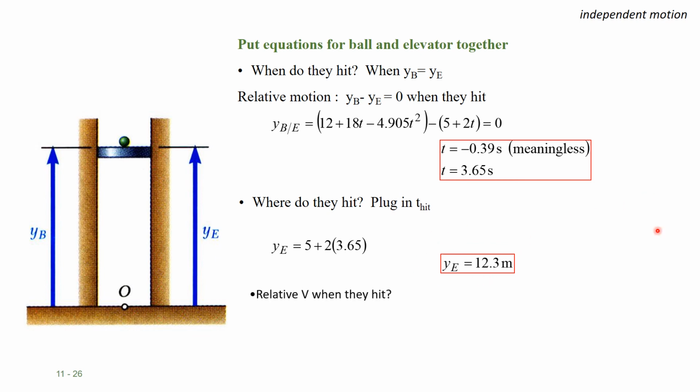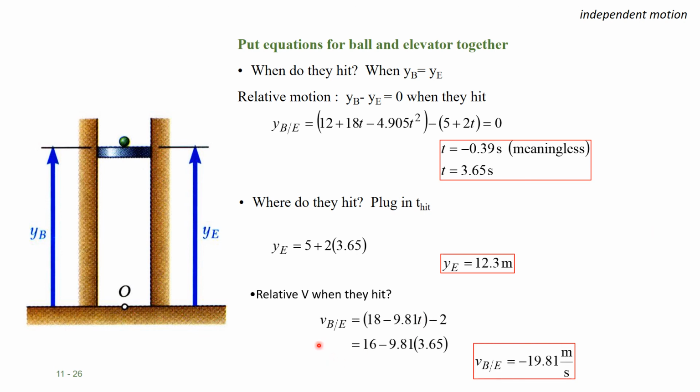And velocities when they hit. So relative velocities, let's do this from the elevator's point of view. So velocity of ball minus the velocity of the elevator. So here's what the ball is doing. Again, we're going to plug that time in for the ball because its velocity is changing. The elevator has a constant velocity.